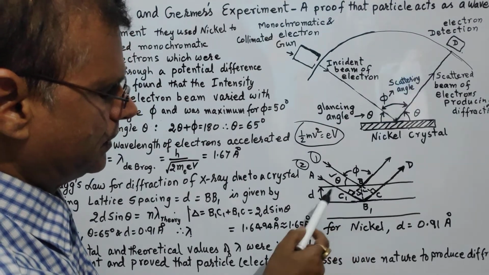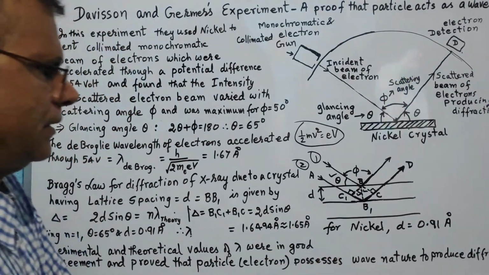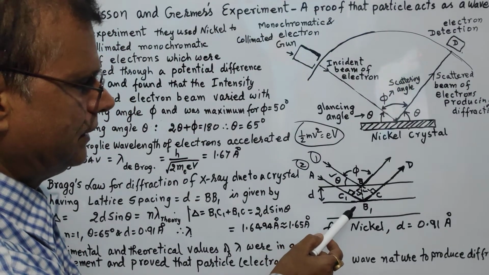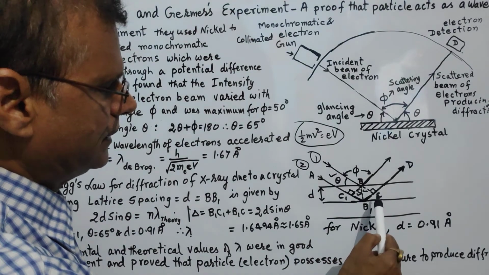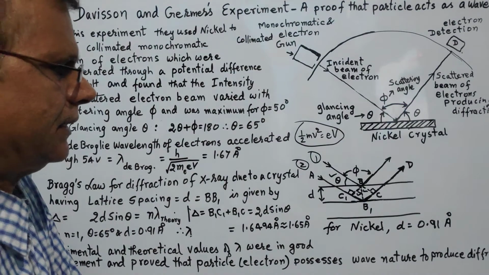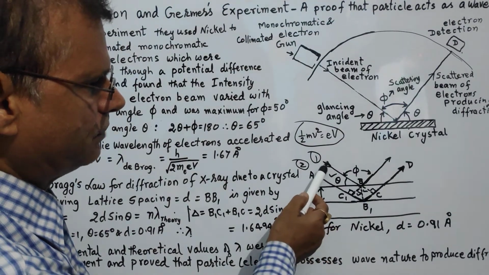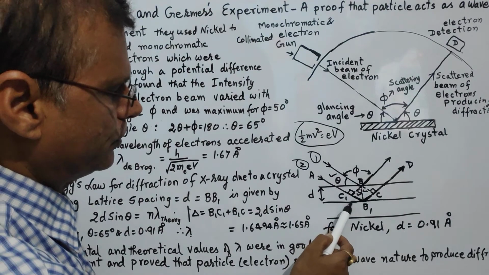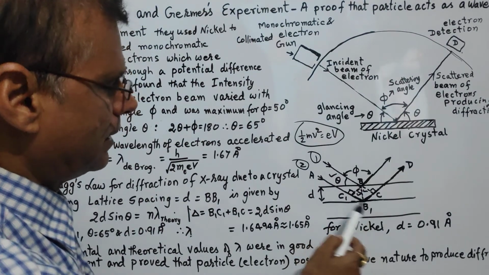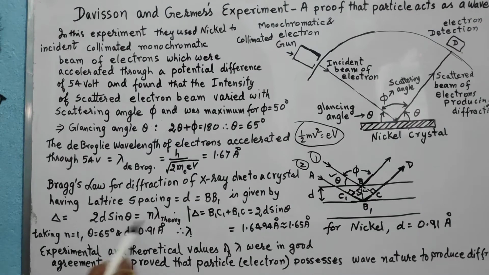That means C1B1 is equal to d sin theta, and in the same fashion you can find the value of B1C, which will again be d sin theta. So the total path difference between ray 1 and ray 2 will be d sin theta plus d sin theta, which becomes 2d sin theta.